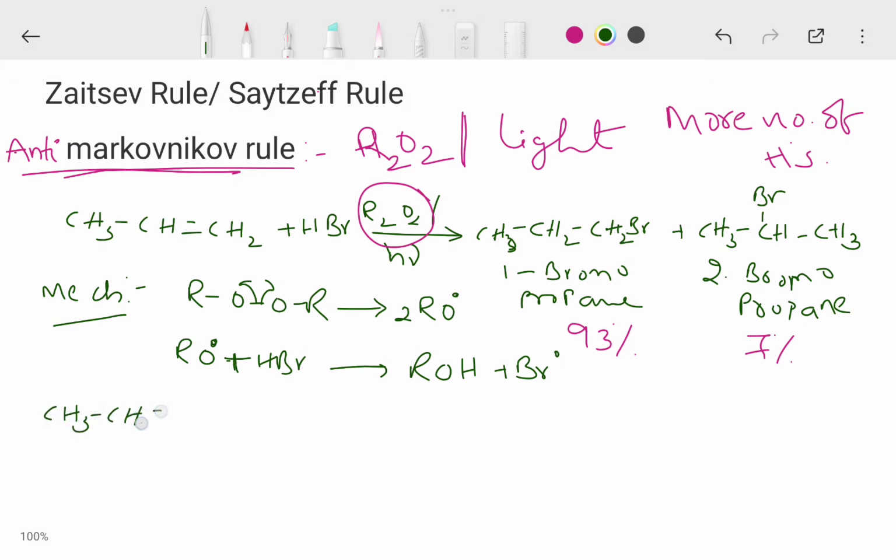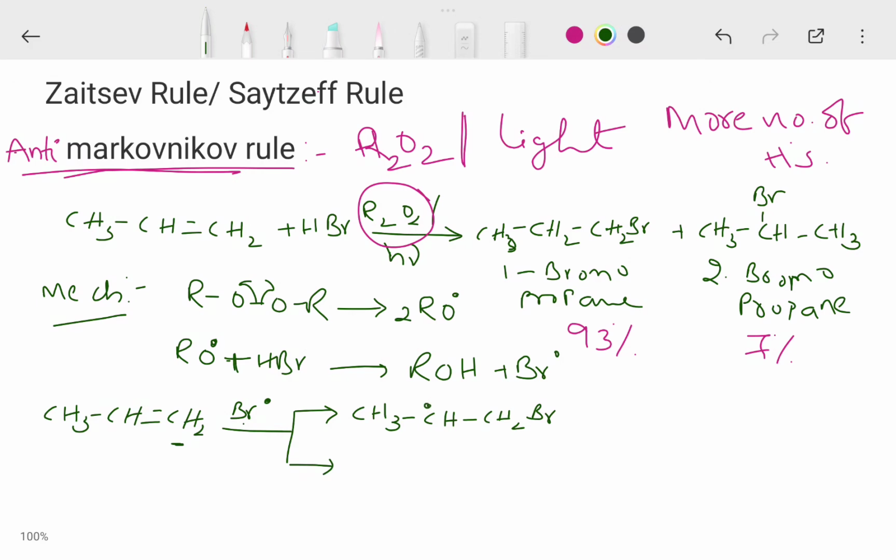For CH3 CH=CH2 in the presence of bromine radical, two types of products are possible. If the bromine radical reacts with this CH2 carbon, CH3 CH CH2Br, and a carbon radical is formed.